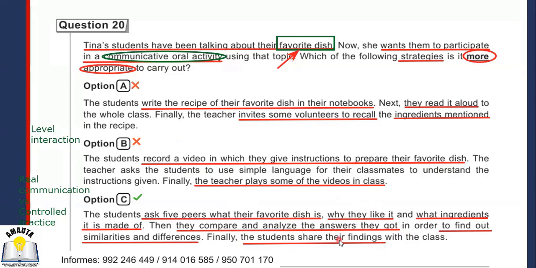Okay, so definitely the answer for this question, which of the strategies is more appropriate, is letter C, definitely, right? This is the worst structure.